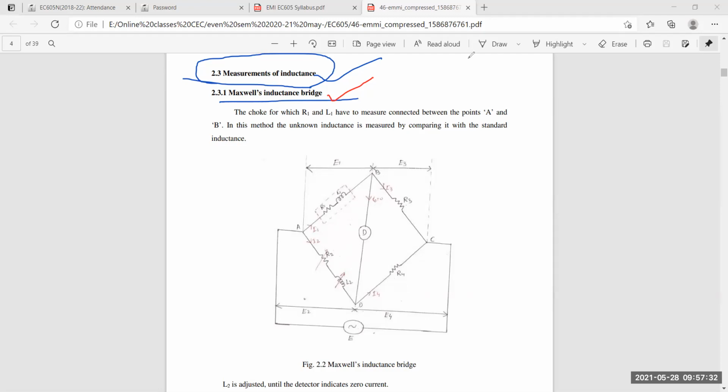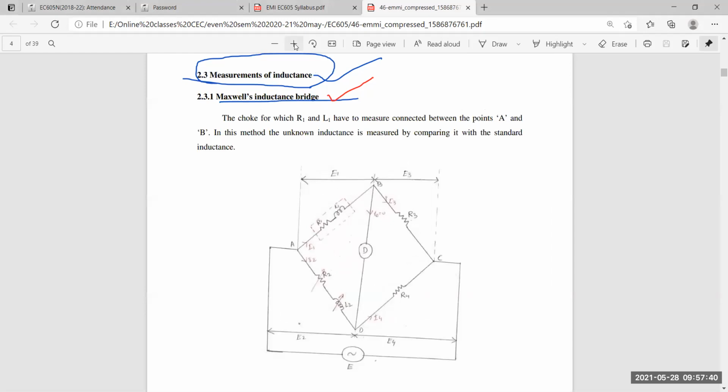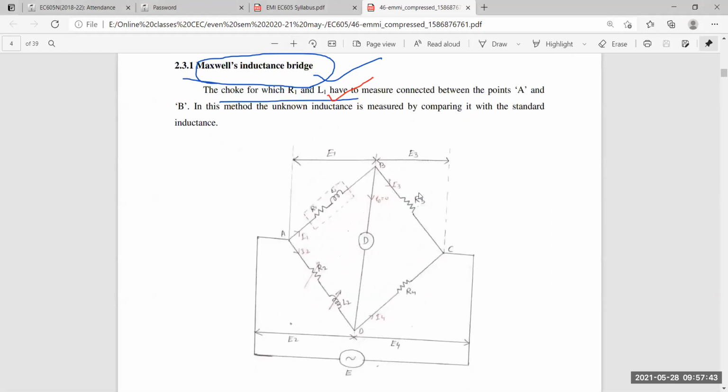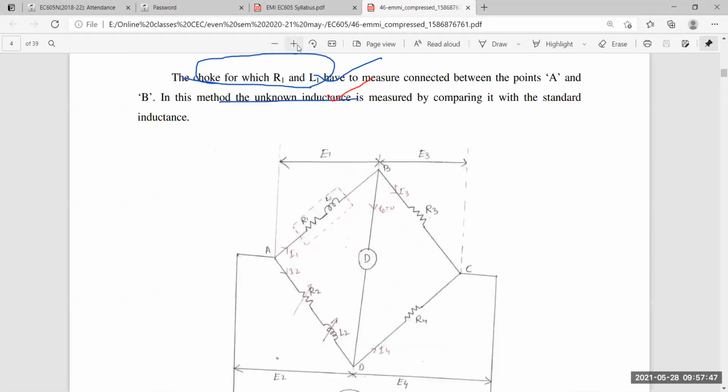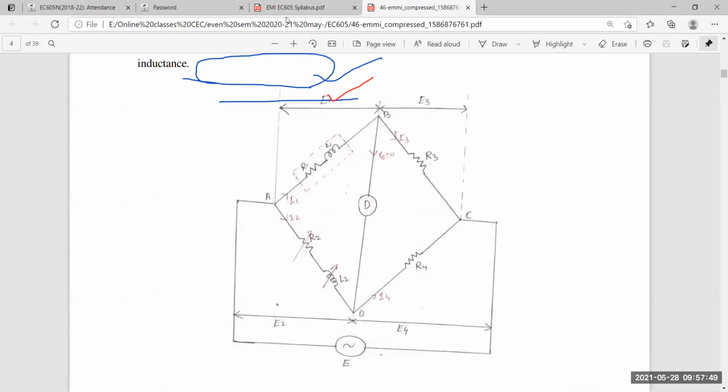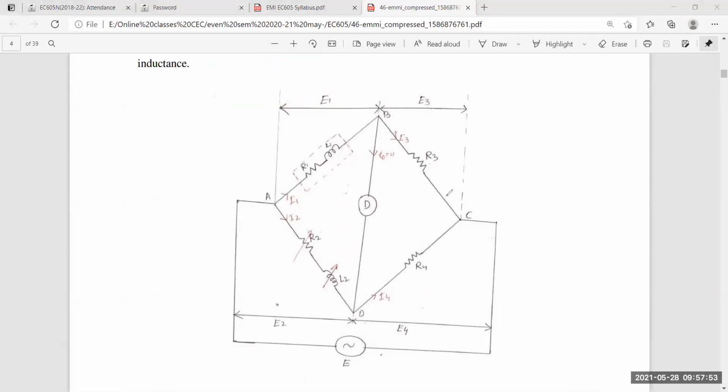If you are not able to see this diagram clearly, you can enlarge the picture with your fingers. It is difficult for me also, so I am enlarging it. Now come to the diagram. See the diagram very carefully. See the connections properly.